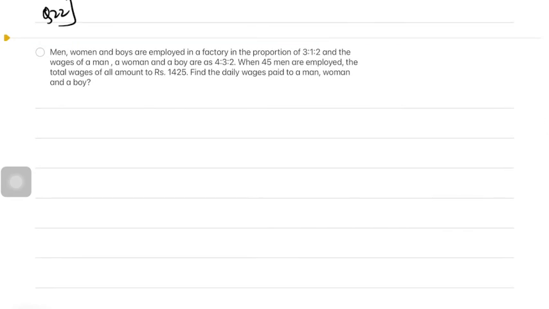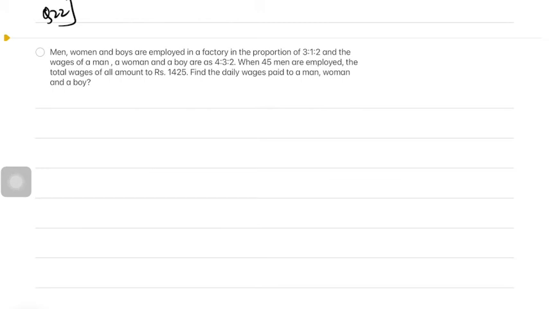Let's solve the next question. So, men, women and boys are employed in a factory in the proportion of 3 is to 1 is to 2. The wages of man, woman and a boy are in the proportion of 4 is to 3 is to 2.